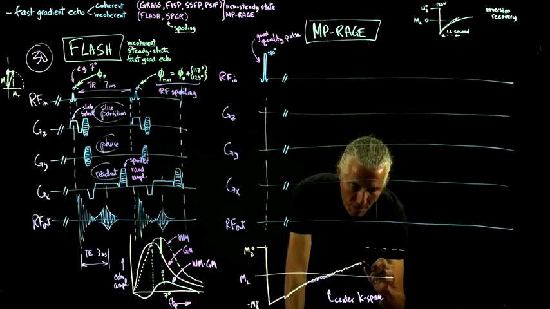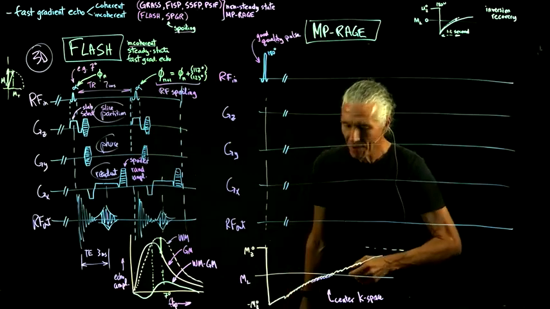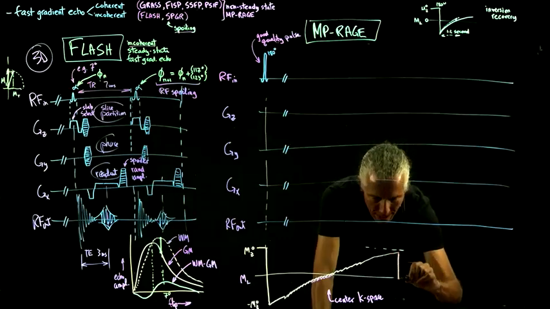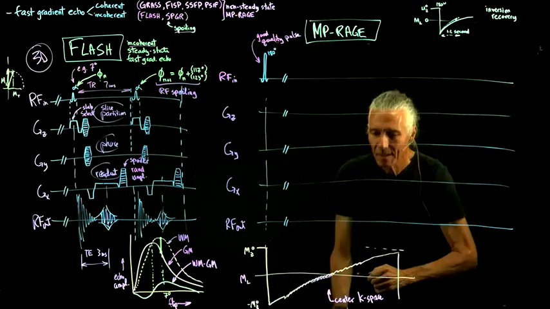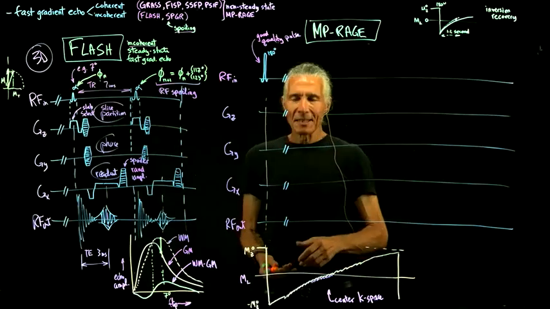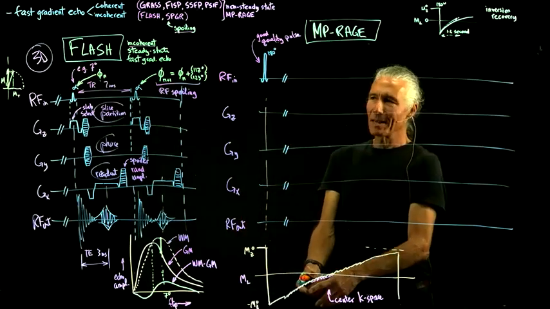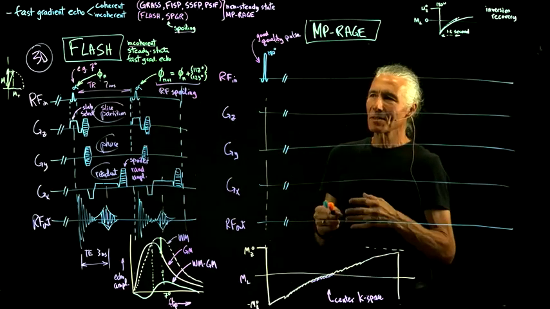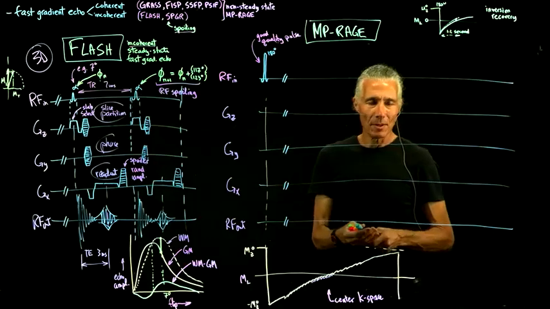Stop doing the RF pulses and just let that recover for a while, and then eventually do another 180. So it's non-steady state because the magnetization isn't in some kind of similar form across each RF pulse.